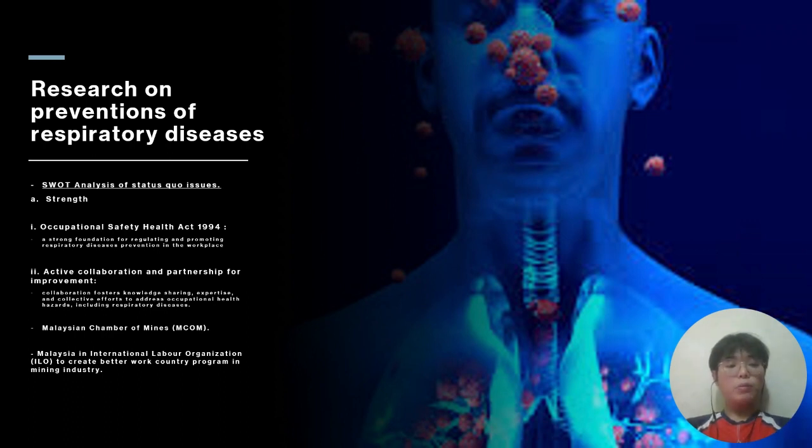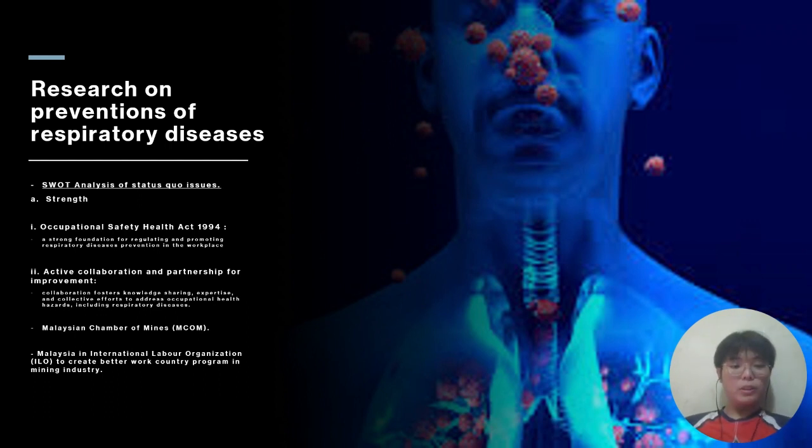The other will be the active collaborations and partnerships for improvement. As Malaysia is a third world country which has a good relationship with other countries, it is important for Malaysia to collaborate with other countries to improve its knowledge about the mining system in our own country. For example, the collaboration of the Malaysia Chamber of Mines (MCOM) with other countries' mining companies, such as Australia. This collaboration shows the effort of understanding the mining systems in other countries.